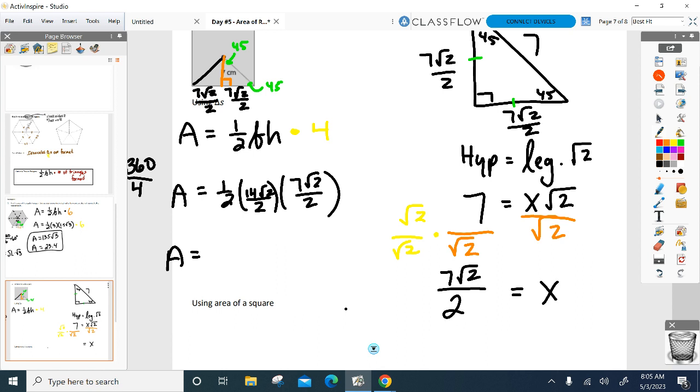If not, hopefully you are. Should be getting 98, no? 1/2, fraction template, 14 radical 2 over 2, another fraction template, 7 radical 2 over 2.